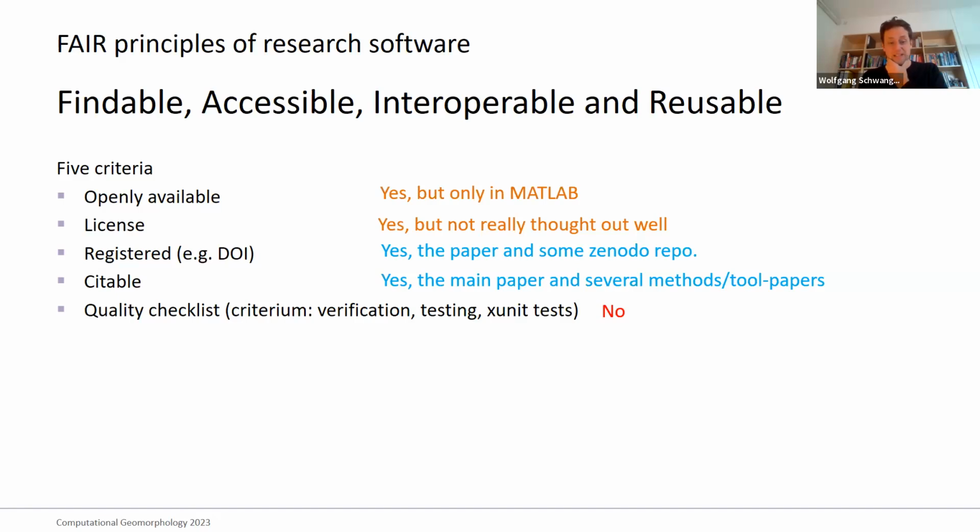And finally, quality checklist. No, we don't have that. There is no testing. Bugs might show up. If they do, we correct for them as best as possible. But many of these tools that we develop don't lend themselves, let's say, for real testing.